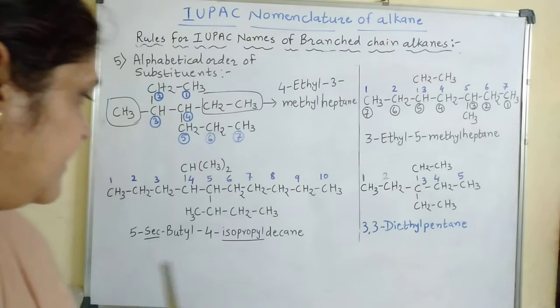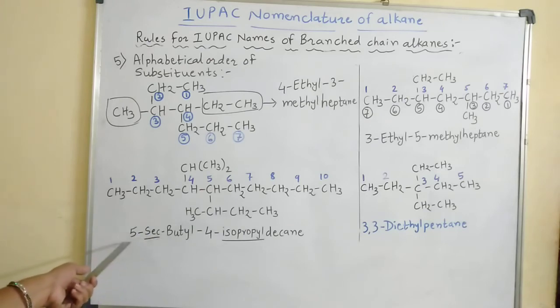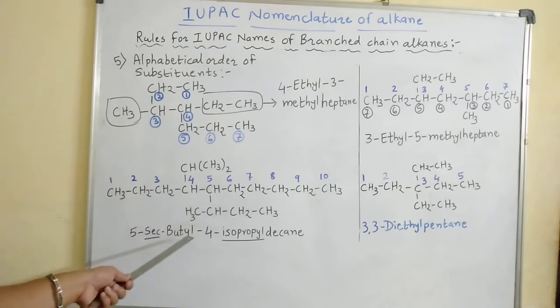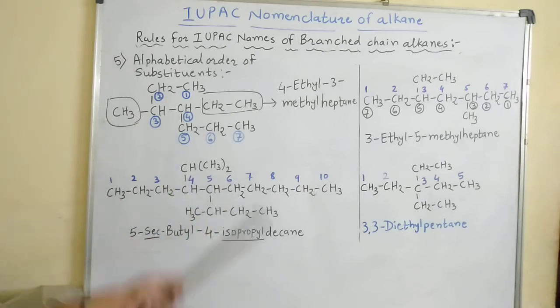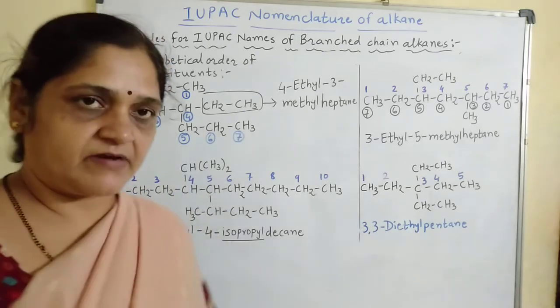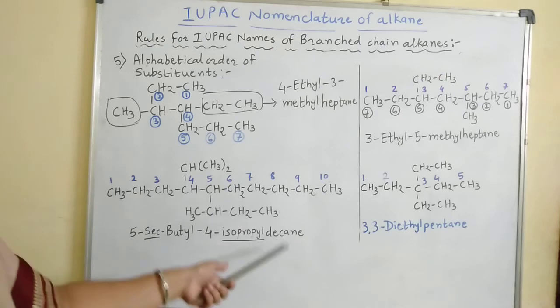But for secondary and tertiary butyl, secondary and tertiary are not a fundamental part of the alkyl group. Here carbon number 5 is carrying the secondary butyl group, while carbon number 4 is carrying the isopropyl group. As per alphabetical order, B comes first, I comes afterwards, and therefore the name is written as 5-secondary butyl, 4-isopropyl decane.